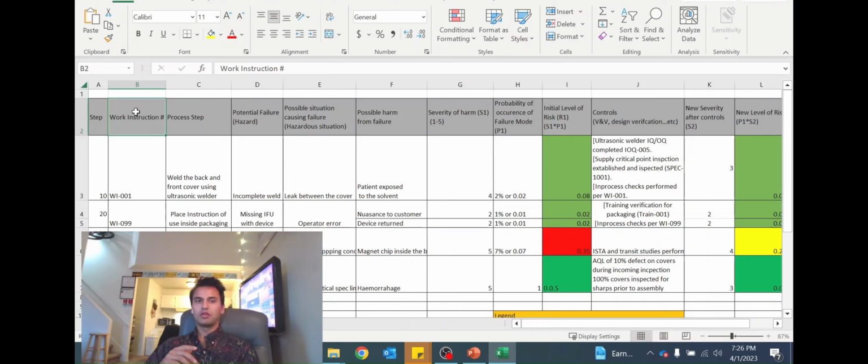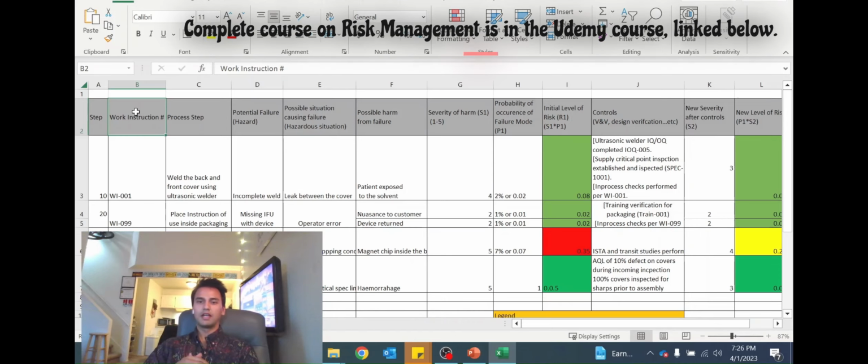Those are processes as well. So it is very important to analyze those things, because that can create harm on the final product.